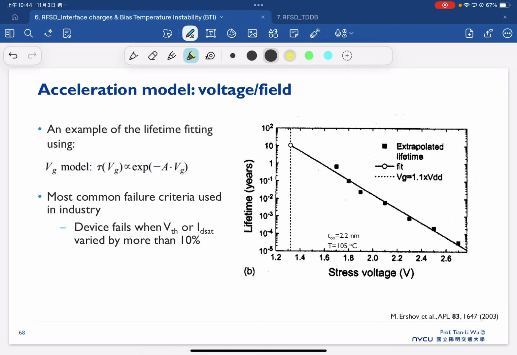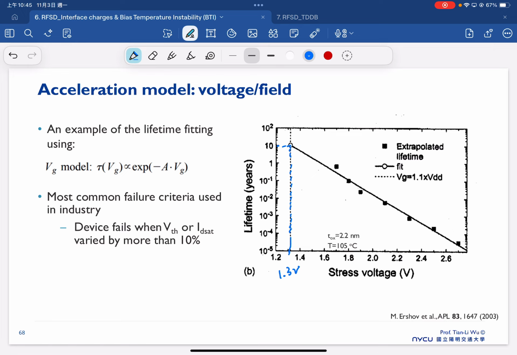So in the case of the 10 years, the recommended operation voltage is only 1.3 volt. So that means if you want to recommend to your customer the best condition that allows your product to operate for 10 years, the only value you can tell your customer is 1.3 volt.